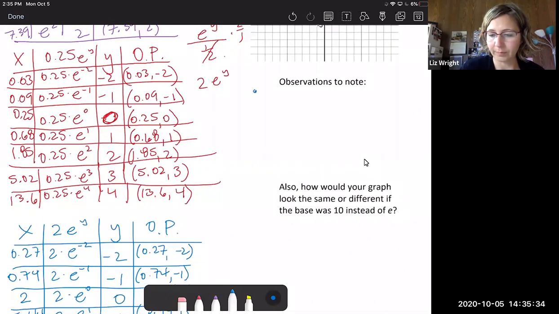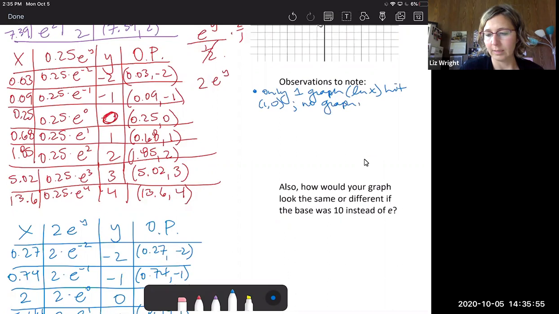All right. So only one graph, and that would be natural log of x, hit 1, 0. And no graph intersected with another graph. Actually, I'll put that in a new bullet.